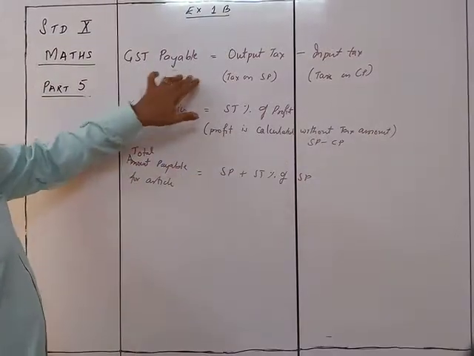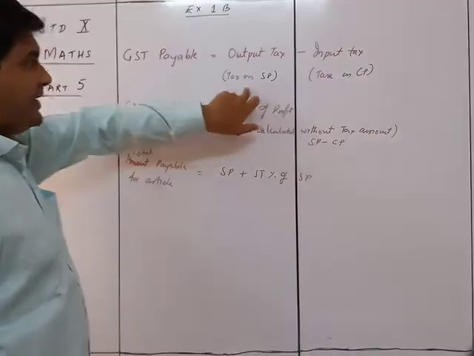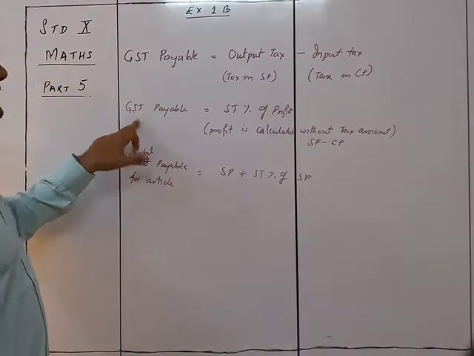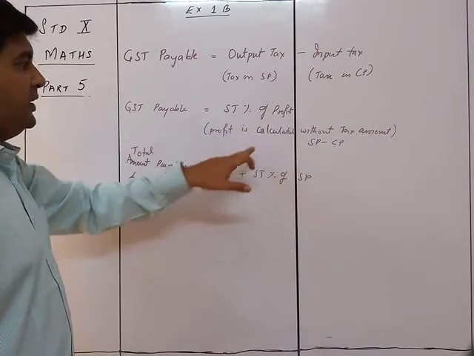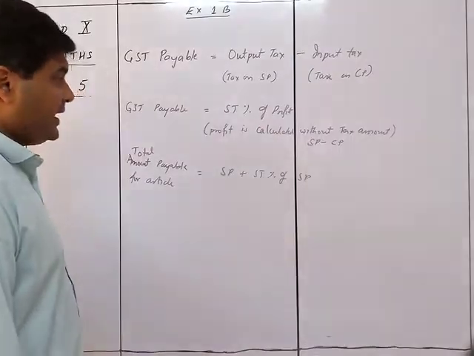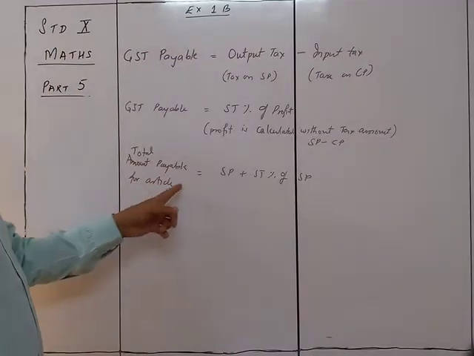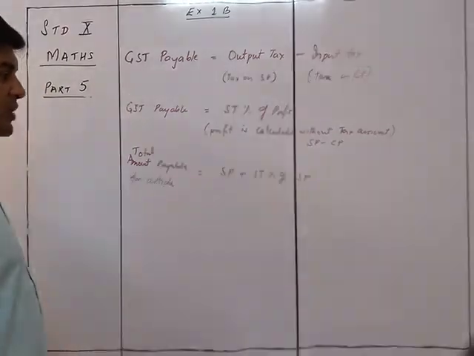So GST payable is output tax minus input tax, tax on SP minus tax on CP. GST payable could also be calculated by the formula of ST% of profit, where profit is calculated without the tax, and total amount payable for the article will be SP plus tax on SP.